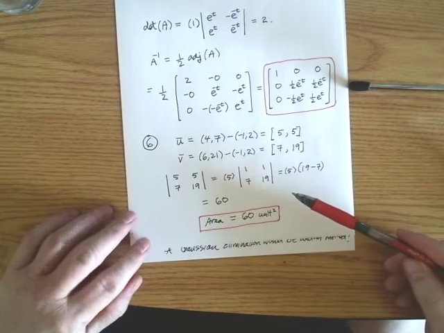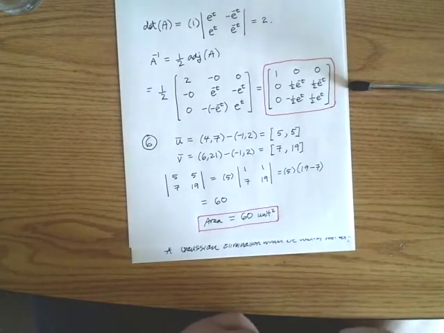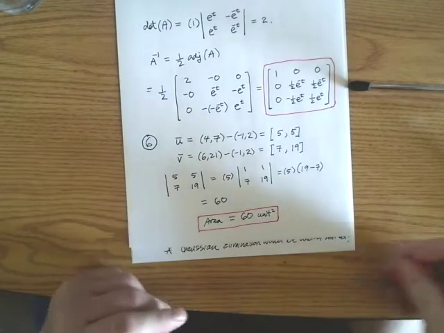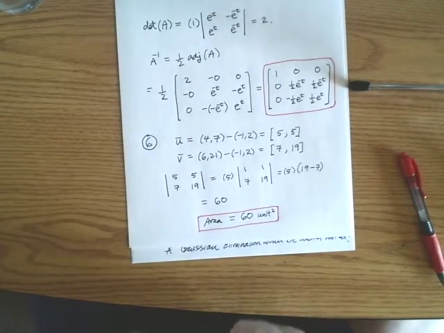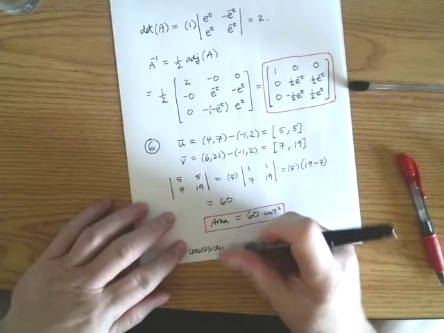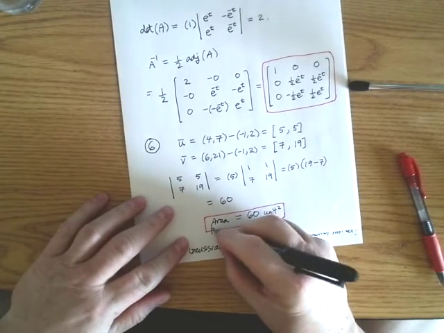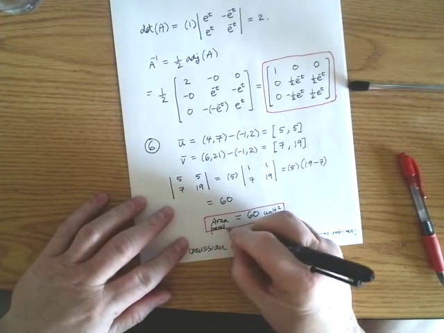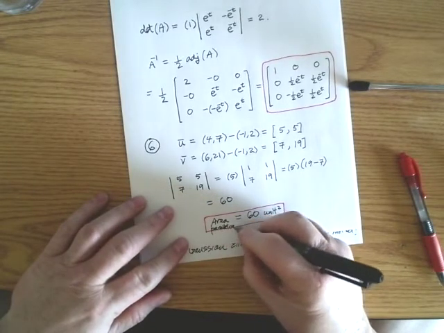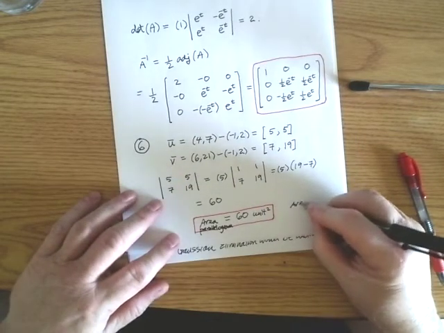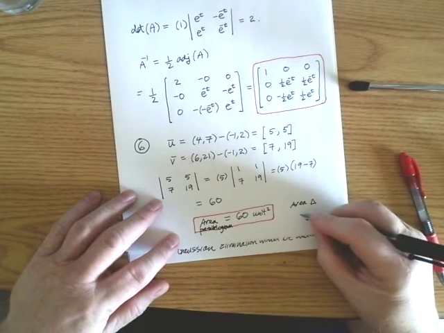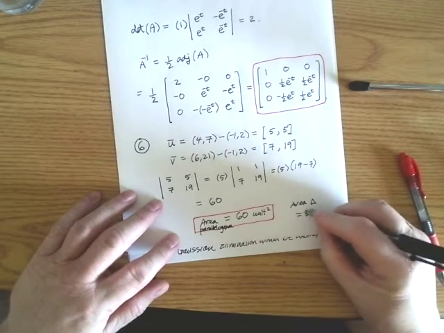Then what you can do to find the area of the triangle formed by these is this, and then I suddenly realized I got this wrong. Area of the parallelogram is 60. Area of the triangle, I said triangle, isn't it? Area of the triangle is half that, so that's going to be 30.